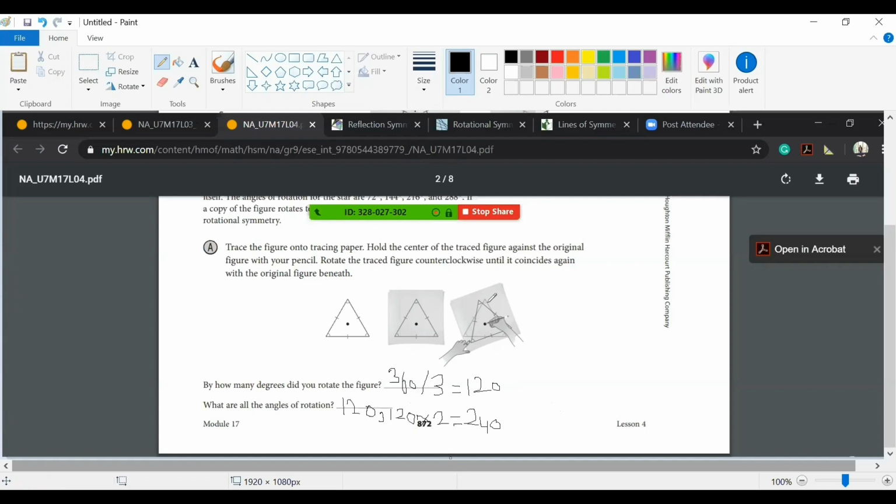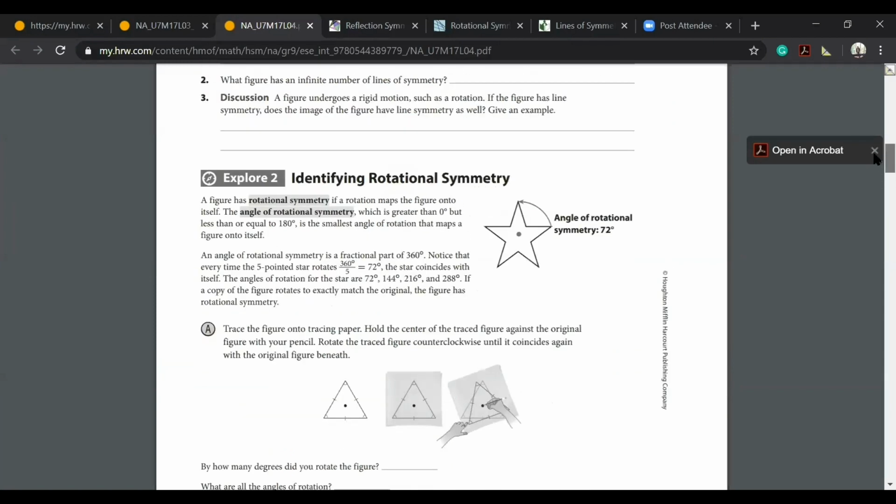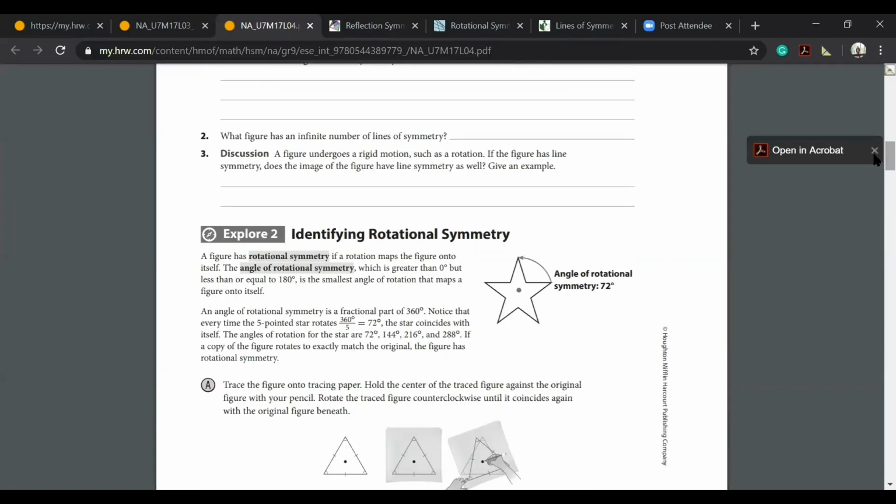So in the previous example, in the example of the star, let's get all the angles of the star. 72, right? So I'm going to start multiplying 72 by 3, by 4, by 5, until I reach 360.